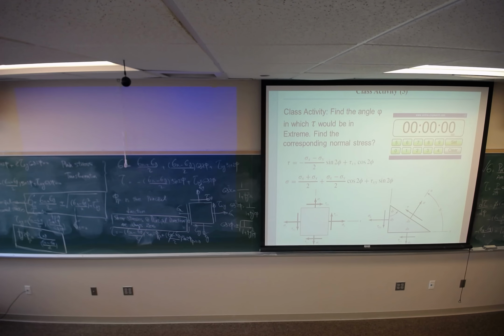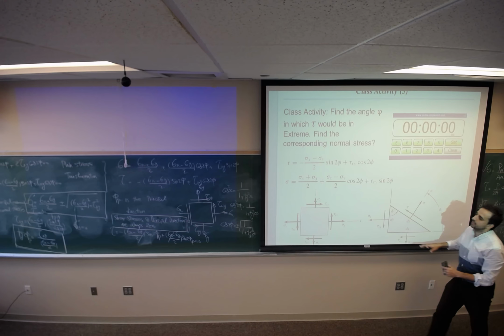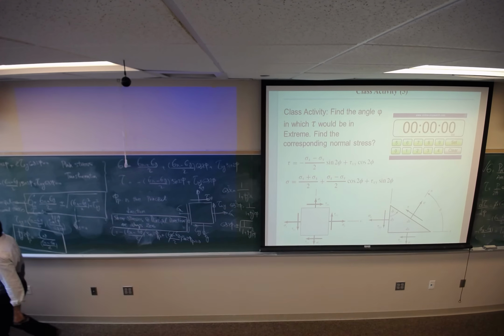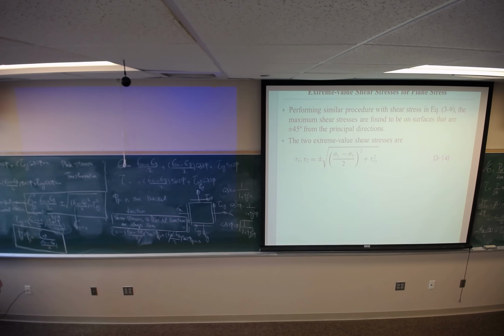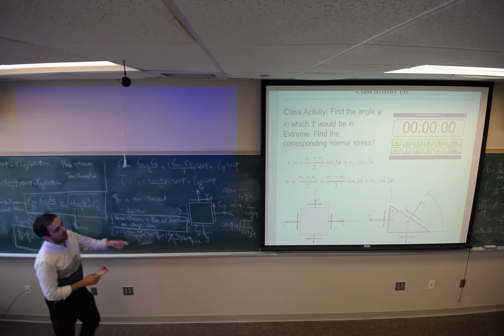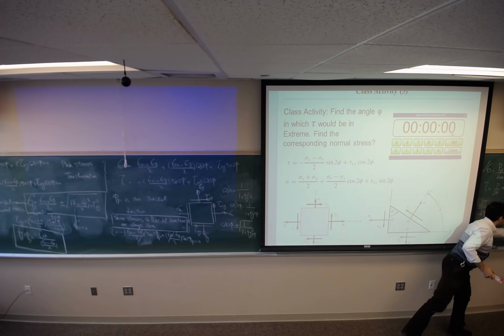The tangent of 2 phi S is going to be this divided by this: negative (sigma x minus sigma y) divided by 2, divided by tau xy. So this angle represents the angle at which I will get the extreme value of the shear stress.